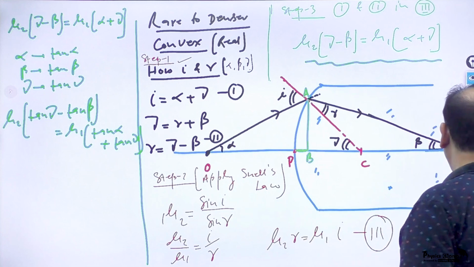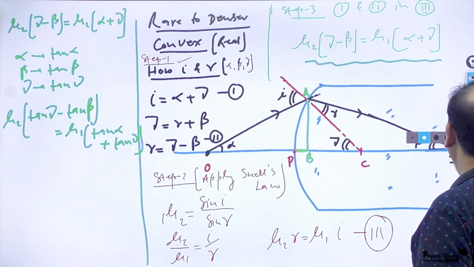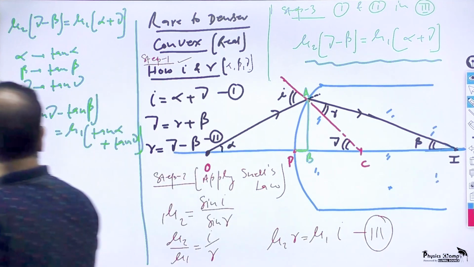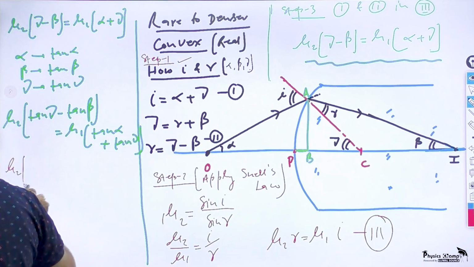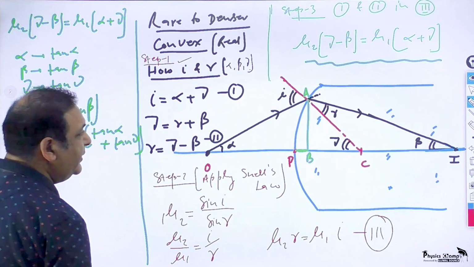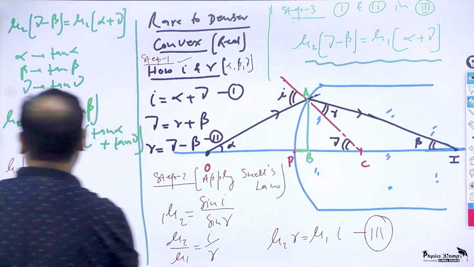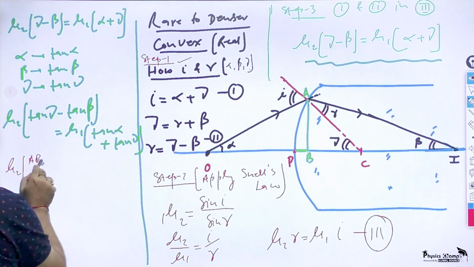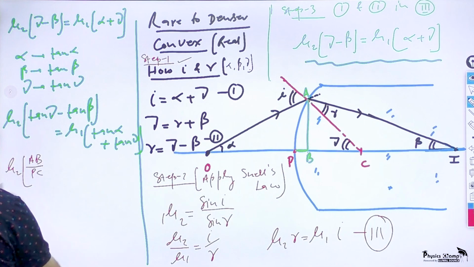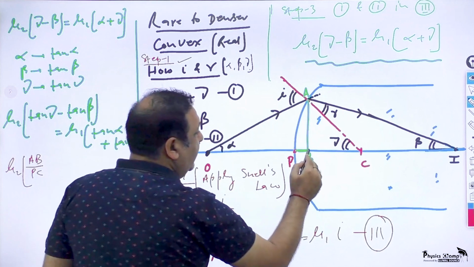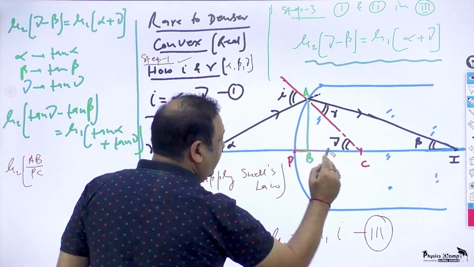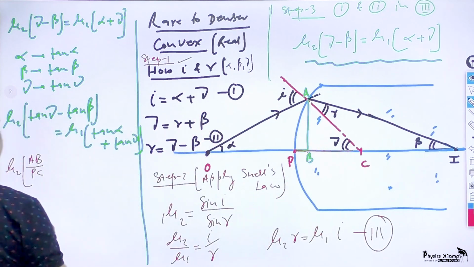And let's put the value of these. So we get mu2 into what? Tangent gamma. Tangent gamma will be what? AB by PC. Can I write AB by PC? Although it should be AB by BC, but I am preferring to call it AB by PC.